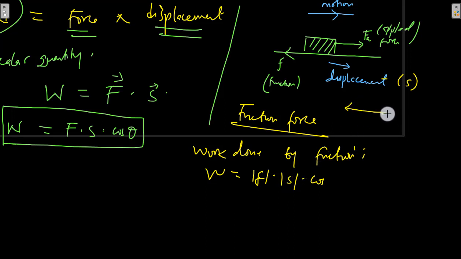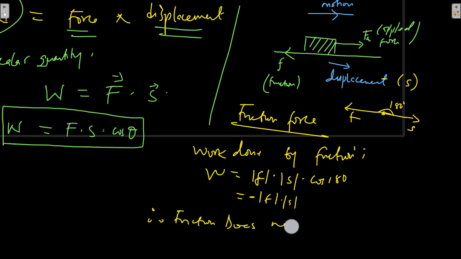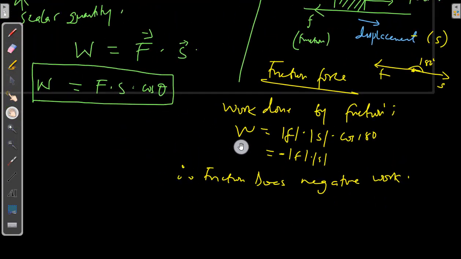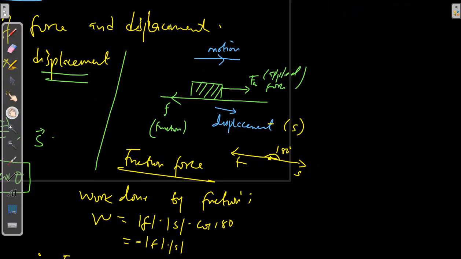As you can see, between the frictional force and the displacement there is an angle of 180 degrees. So that's cos 180 degrees. Whatever the values of the magnitudes of F and S are, this is going to be -1. So this is going to be a negative value. That means friction does negative work.